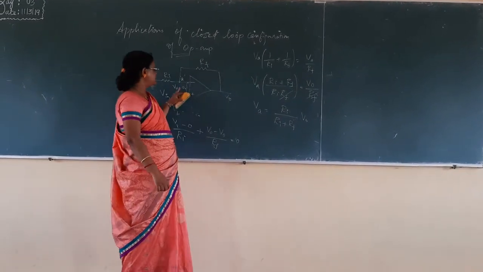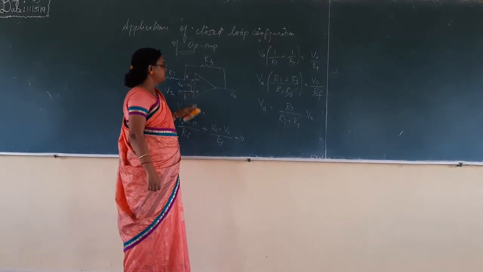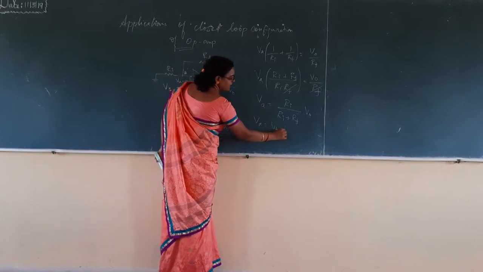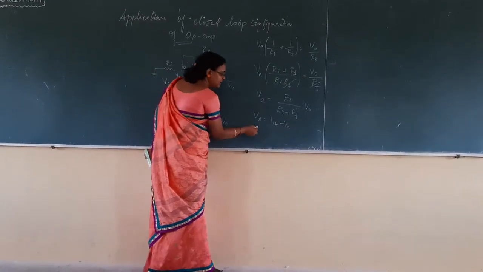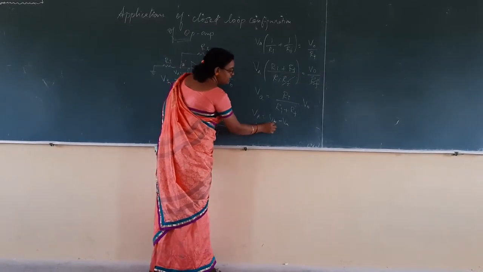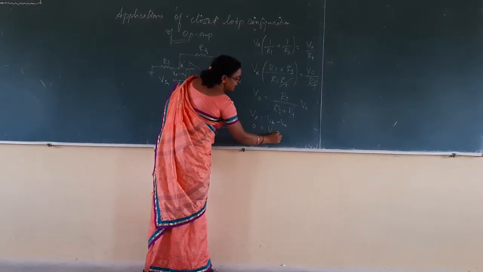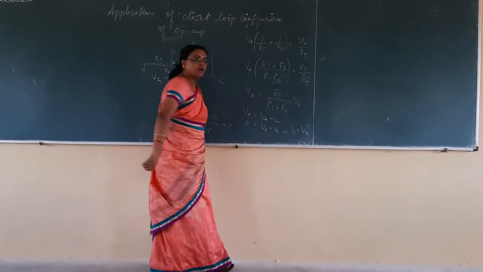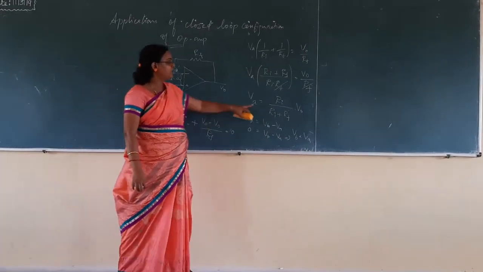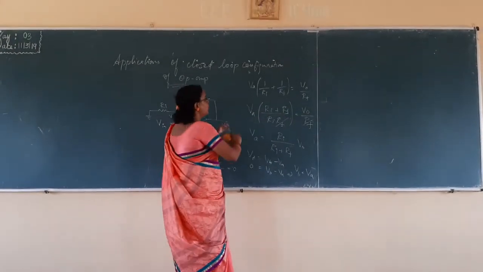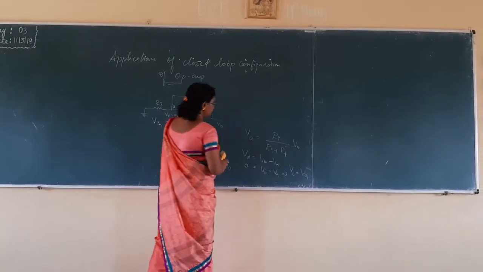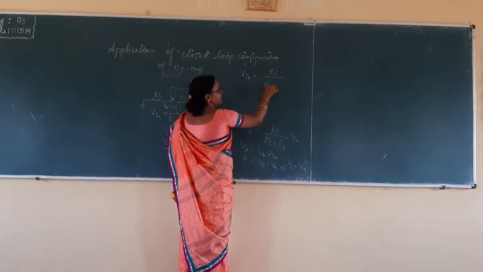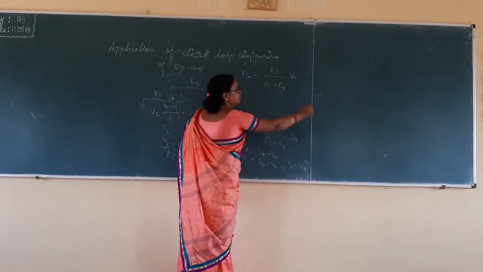Now since Vd is equal to 0, where Vd is equal to Vb minus Va, considering this as 0, Vb is equal to Va. Now equating these two values, we obtain the expression Vin is equal to Ri divided by (Ri plus Rf) into V0.